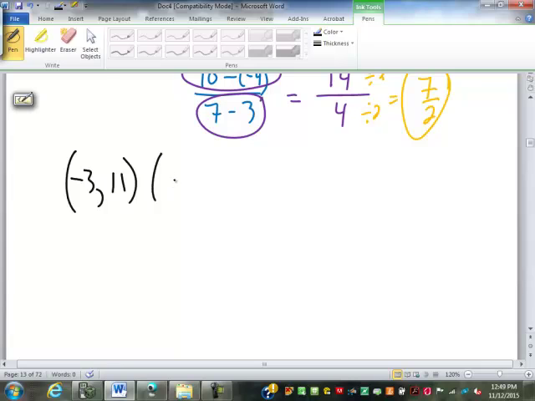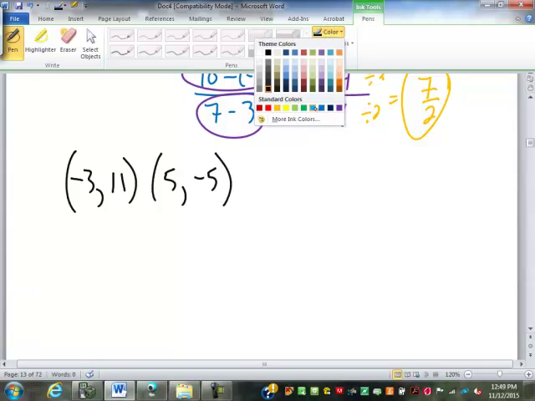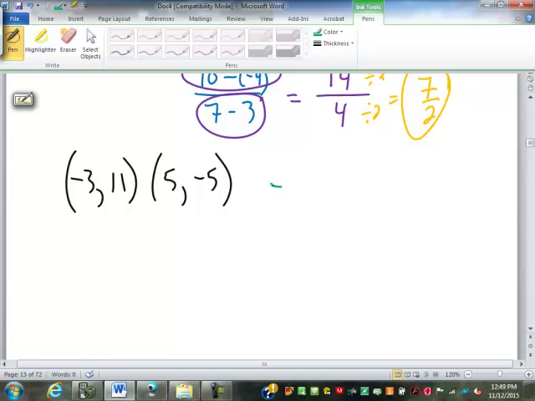So let's say I've got (-3, 11) and (5, -5). So what am I going to put in here when I go to subtract? What goes on top? Let's call this 1 and 2. So what's going to be y2? -5 minus, what's going to be y1? 11.